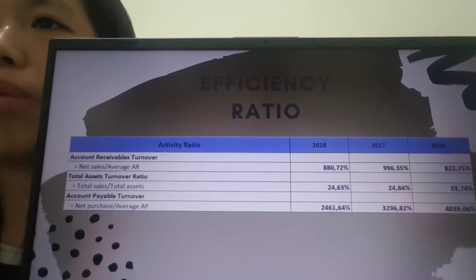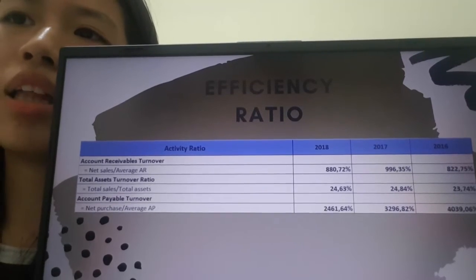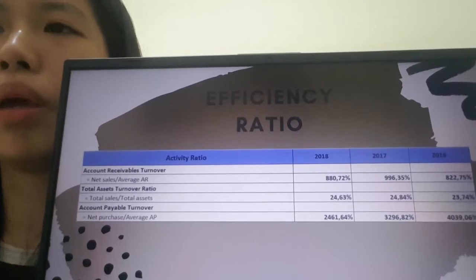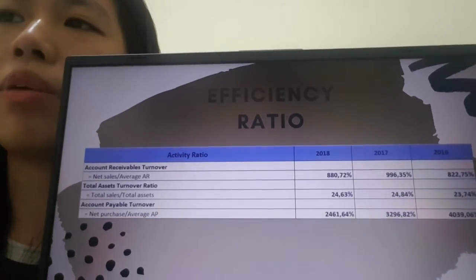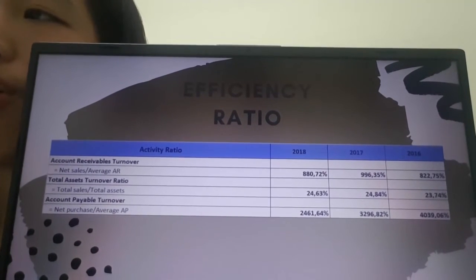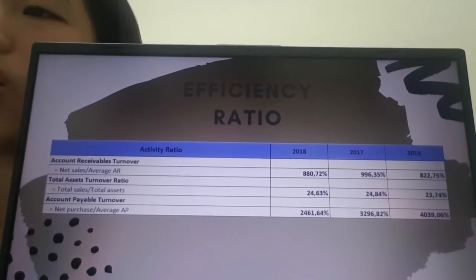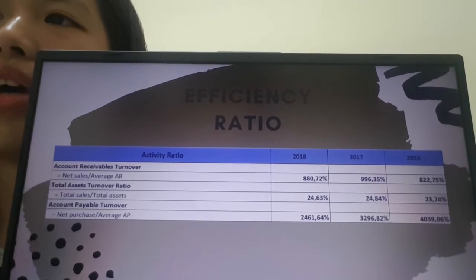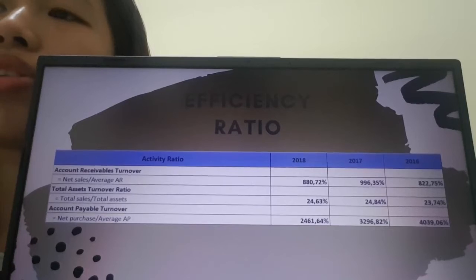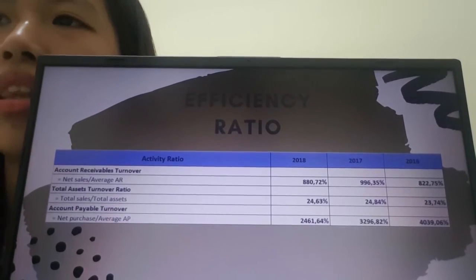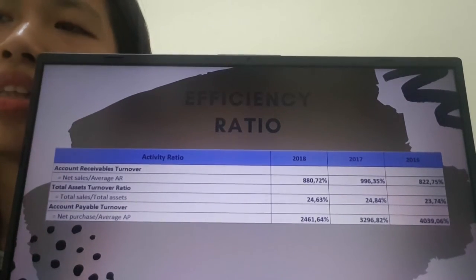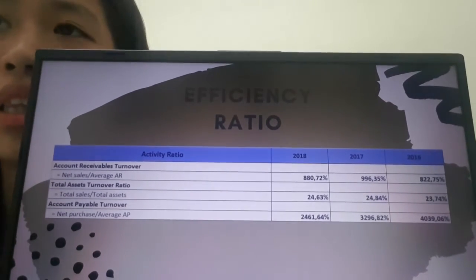Then for account payable turnover, we get it by dividing net purchase by average account payable, and we get the percentage of 4,039% for 2016, 3,296% for 2017, and 2,461% for 2018.